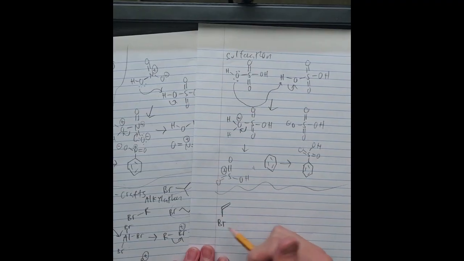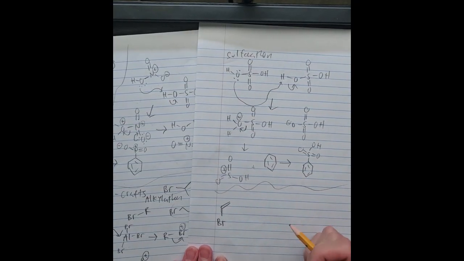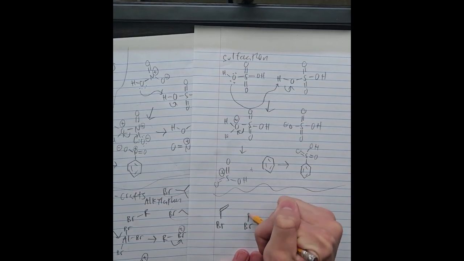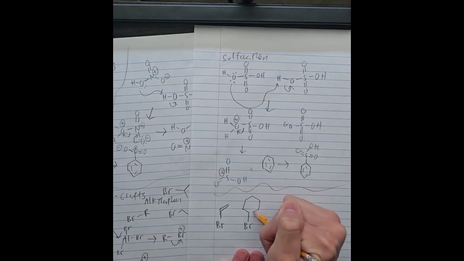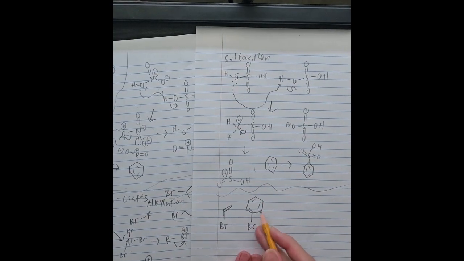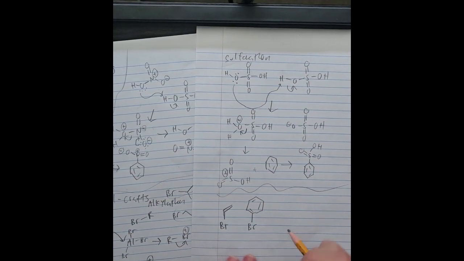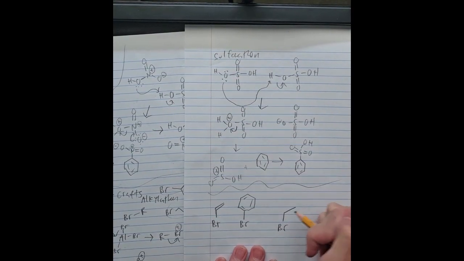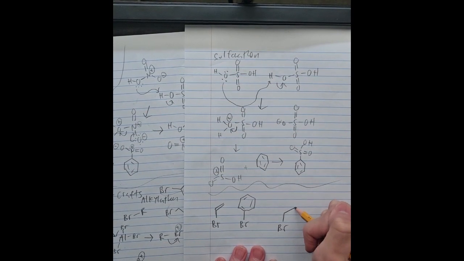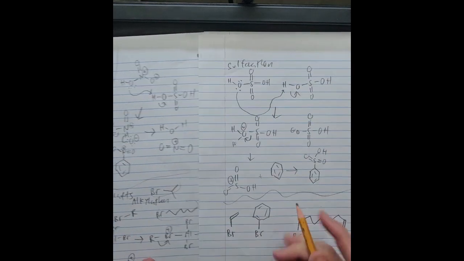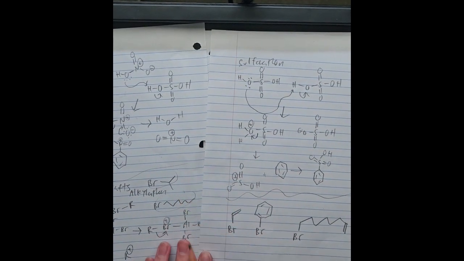It can't be a double bond or an aromatic ring. It has to be sp3. Whatever is after that doesn't really matter. Probably could put one there or something, but right next to the bromine, it has to be sp3.